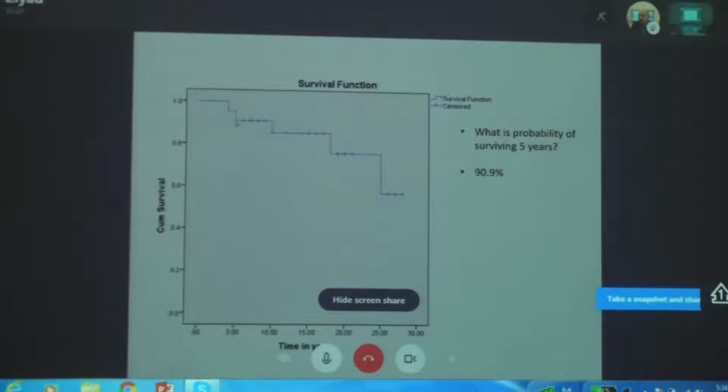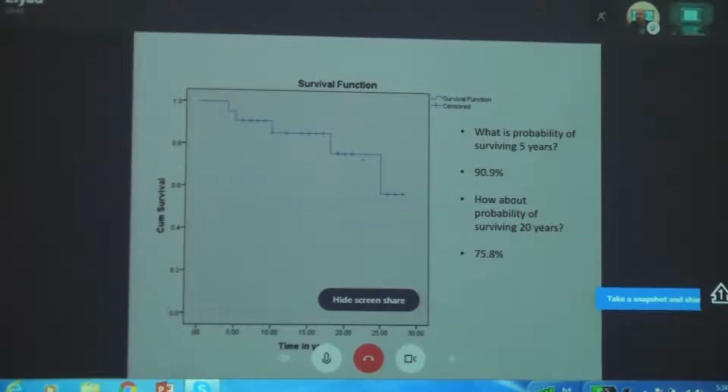And that number is about 90.9%. We can also look at 20-year survival. We go up here, and we can see it is about 70 something, so it's 75.8.